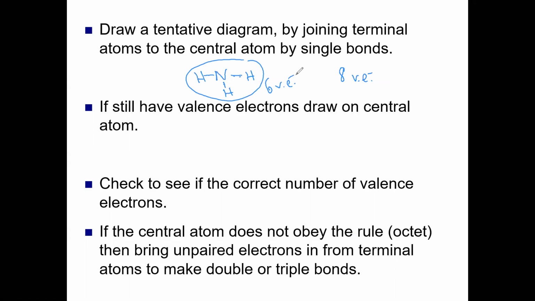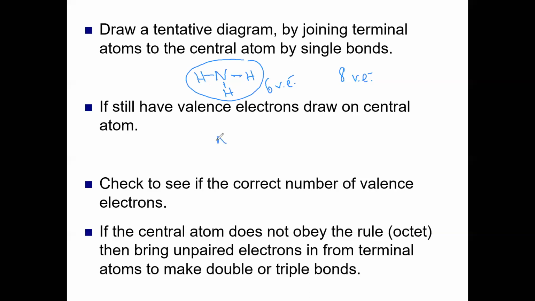So if we still have more valence electrons to draw, and if all of our terminal atoms are already happy because they have either their octet or the duet, depending on which atom it is, then those remaining valence electrons will need to go on our central atom.